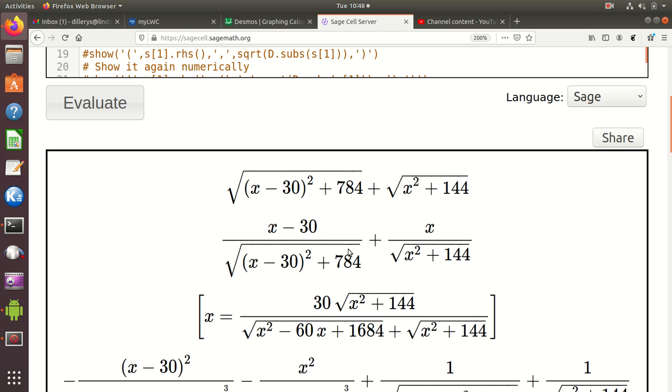And so here's our W prime. So the x minus 30 over that square root thing, and then just x over that square root thing. So I think I can remember that to write that down for my derivative.